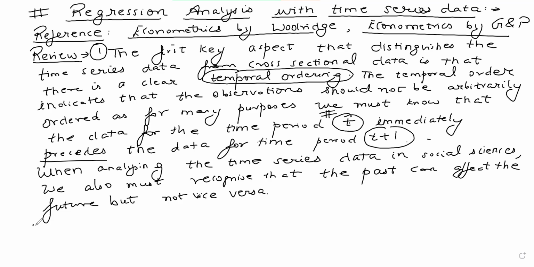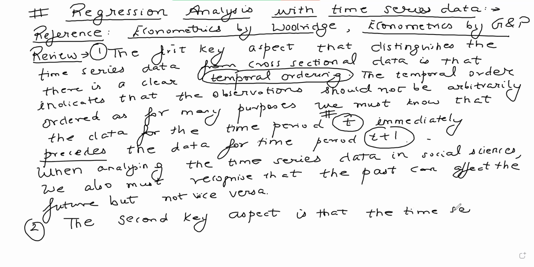Let's look at the second key aspect. I can write that the second key aspect is that the time series data are almost always correlated.